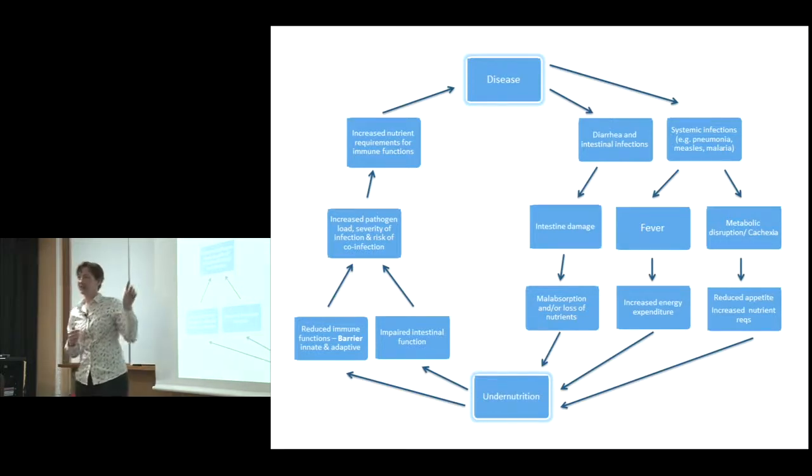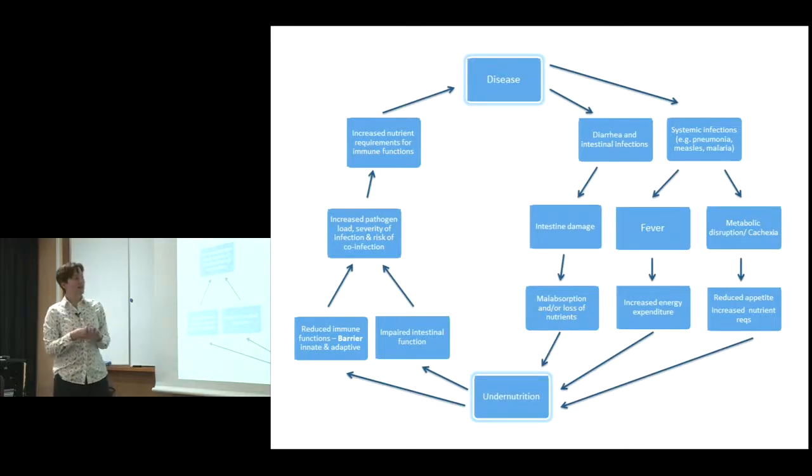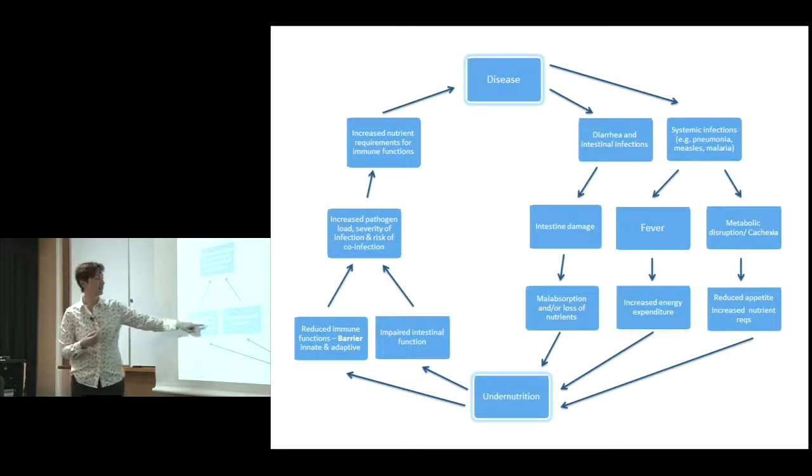So you'll see some other slides that we didn't have much time to go through, which summarize what functions are affected by malnutrition and which aren't. But the antibody system is actually pretty robust, because those antibodies should be there, sitting there ready to go. They don't really need specific energy. So the adaptive immune system is robust, but it's really this barrier function that's most affected.